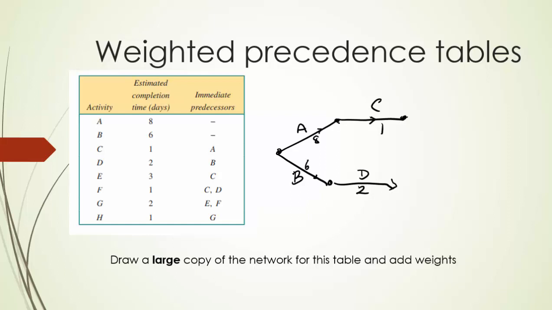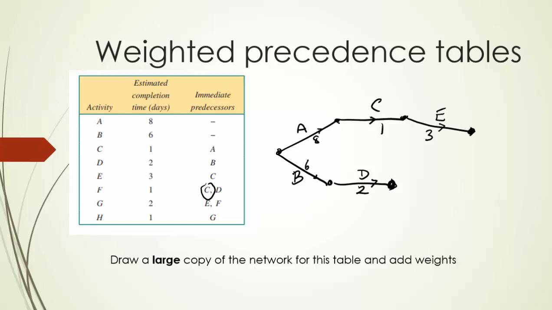E follows C. Now before we go any further, there is going to be a dummy activity. You should recognize that by now. We'll draw in E. E is 3. And a blob at the end to indicate the end of the activity. Keep going down the alphabet.